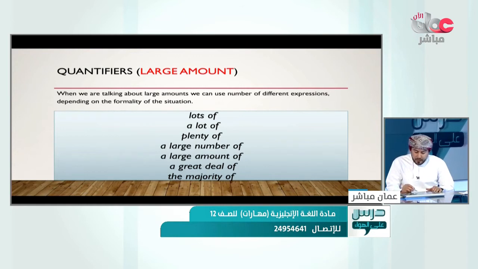Also we have a great deal of, and the majority of. All these expressions and words express a large amount of nouns.